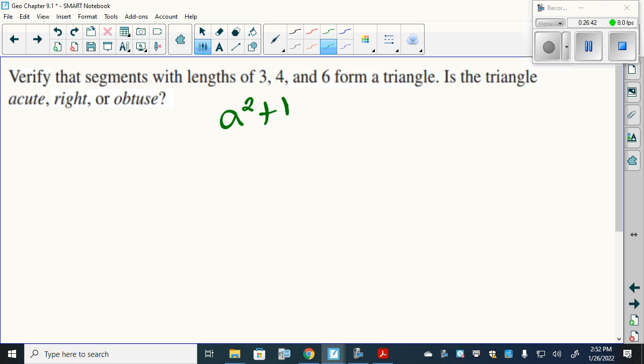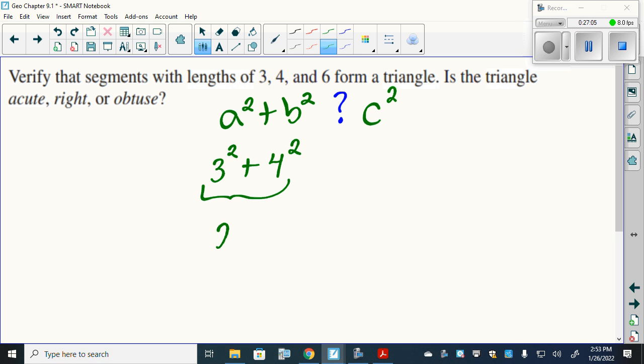Now to determine if it's right, acute, or obtuse, we need to see how a squared plus b squared relates to c squared. Our a and b give 3 squared plus 4 squared, which is 25.